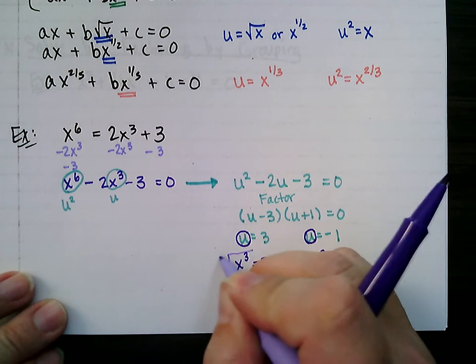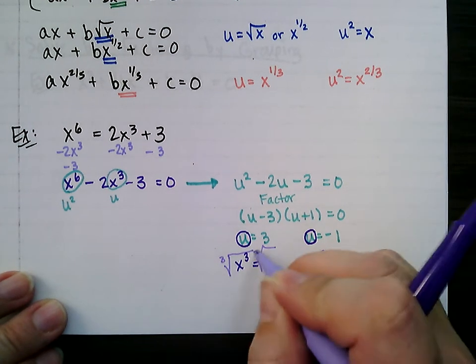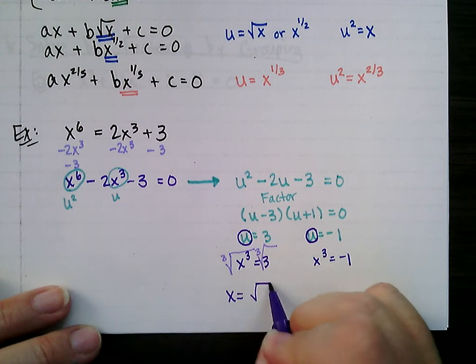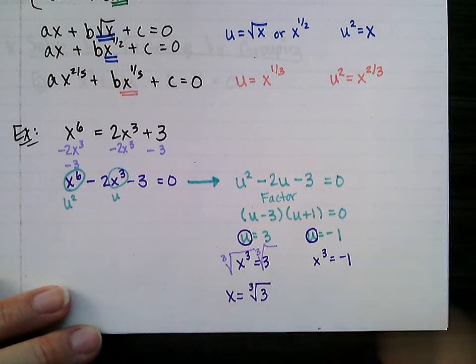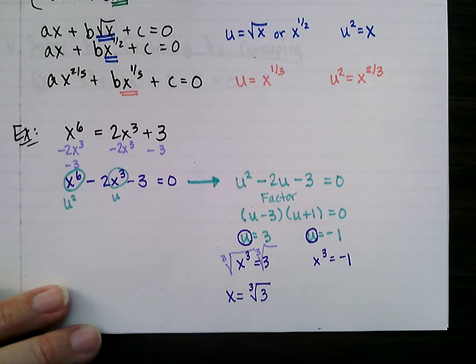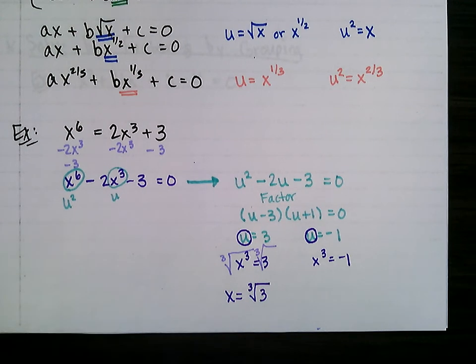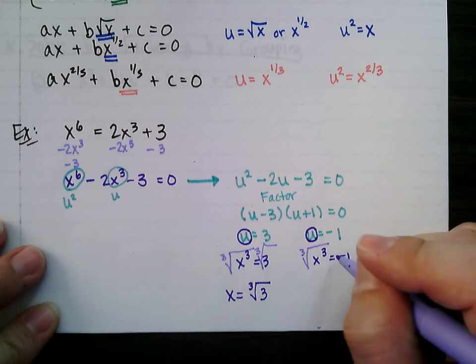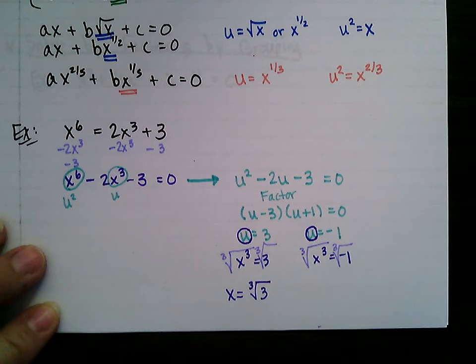So to solve x cubed, I take the cube root of both sides. So that gives me x equals cube root of 3. There's no plus or minus because it wasn't a square root, so it's just cube root of 3. And then cube root this side, cube root this side.